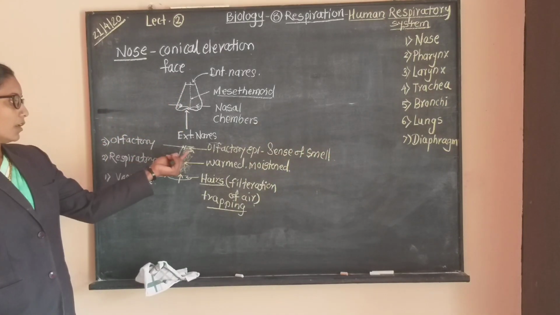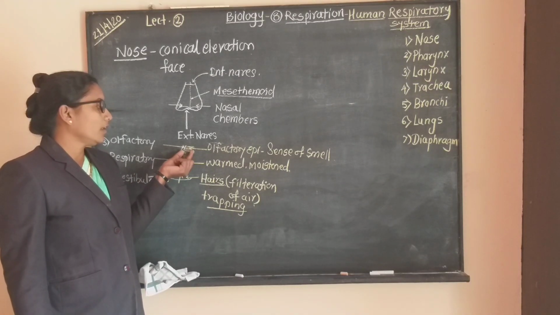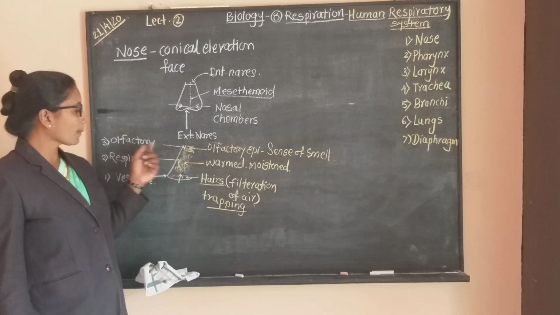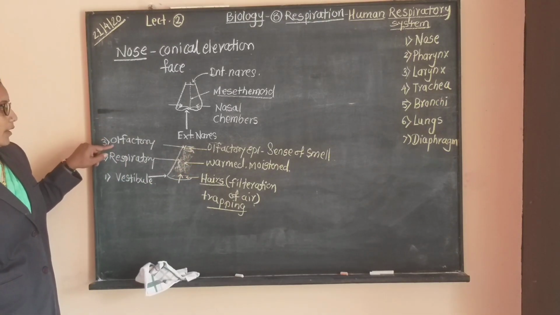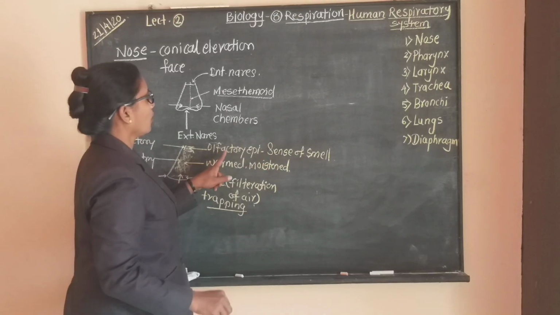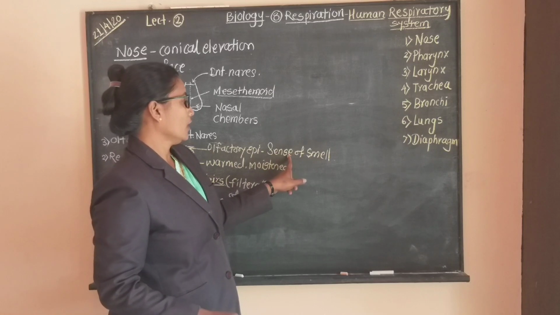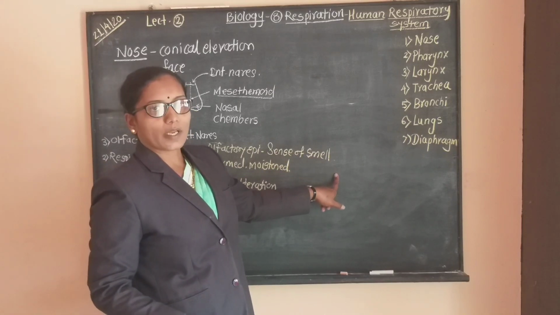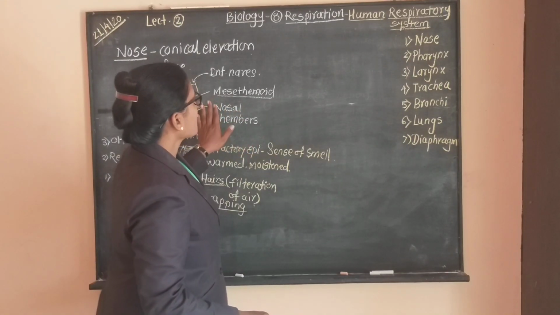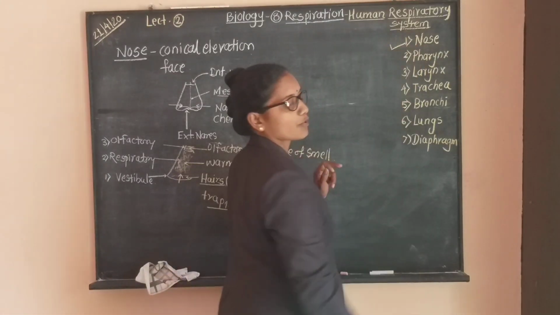That is, smell is detected in the innermost part of the nose, which is called the olfactory part, because it is internally lined by olfactory epithelium. It is for the sensation of smell. This is the first part of our respiratory system, that is the nose.